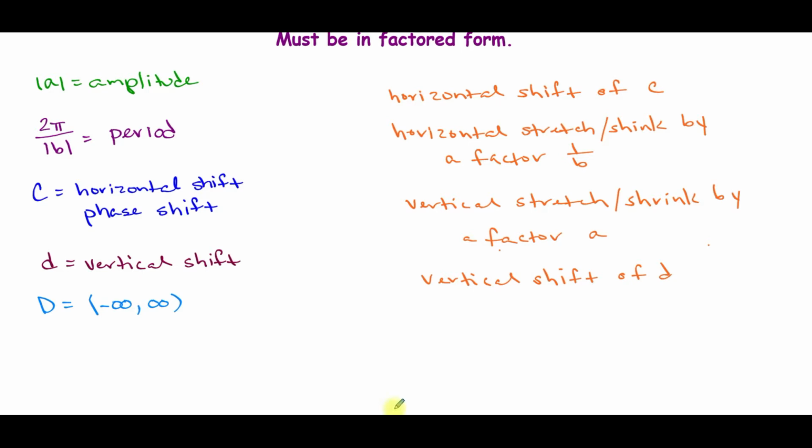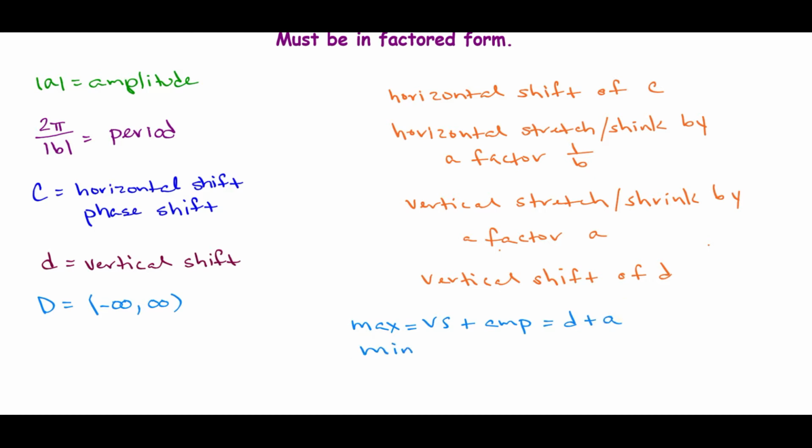Okay, the other thing that we want to be able to do is come up with our range, and to have our range, we need to know our maximum and our minimum. So my maximum is always my vertical shift plus my amplitude, or in terms of the variables, that would be d plus a.